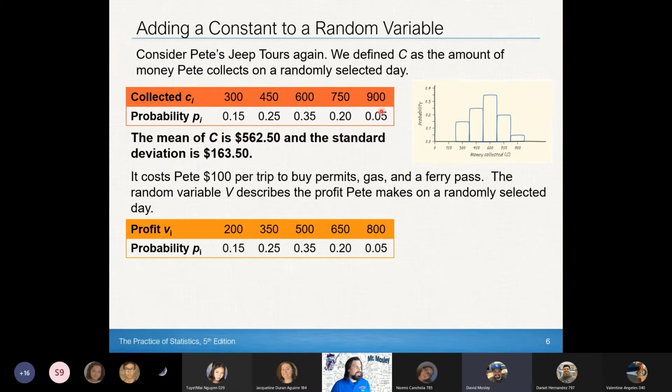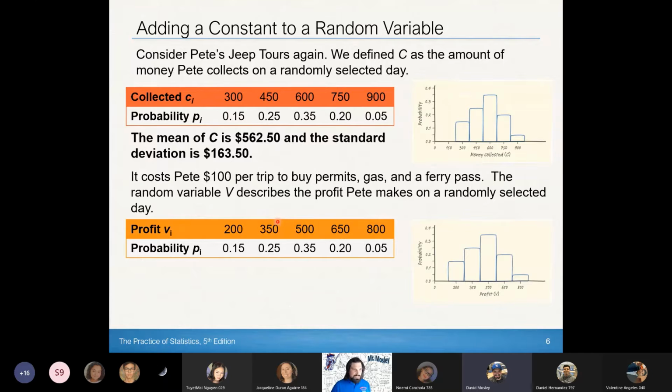So we get from money collected to profit by subtracting $100, right? 300 to 200, 450, 350, and so on. And once again, the probabilities simply transfer from the money collected amount to the profit that corresponds to it after subtracting $100.